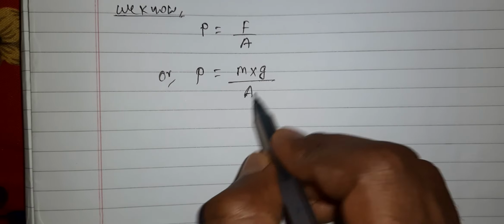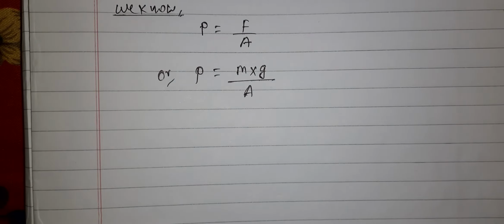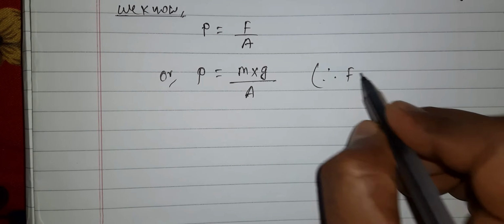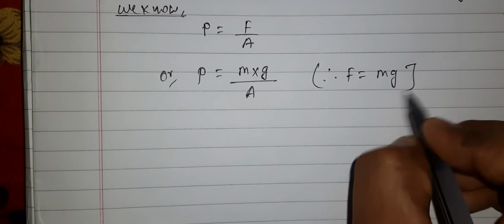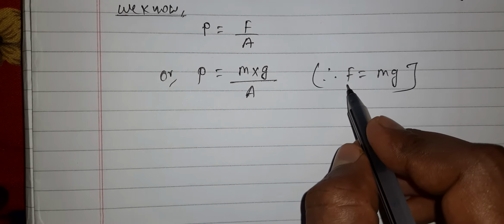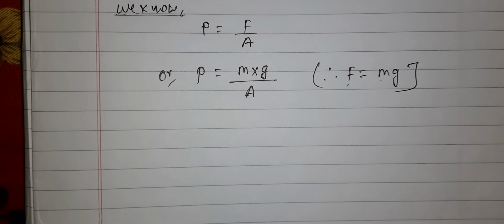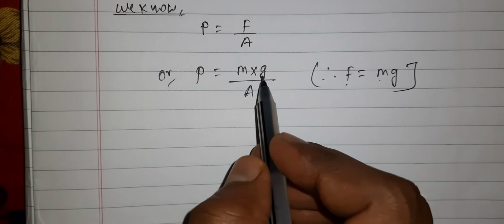The area stays the same, we don't have to change it right now. Here in bracket we write F is equal to mg, because we know the formula of force applied on a body is equal to mass into acceleration due to gravity. Clear? So instead of F we can write m into g.